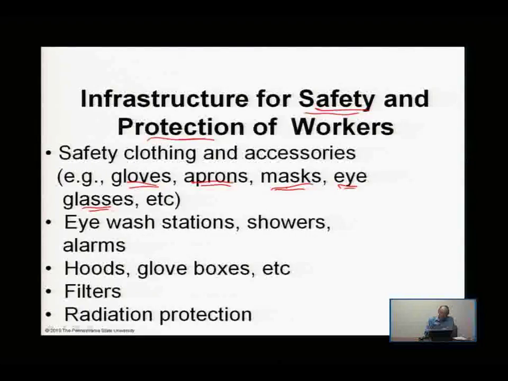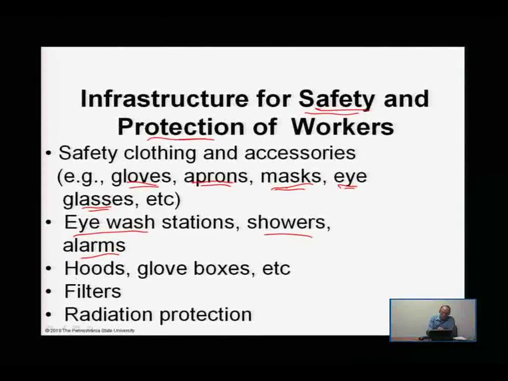Of course, part of the infrastructure in a clean room facility, or even in a facility that just has chemical hoods, is to have eye wash stations, showers, alarms. The infrastructure must make sure the worker is safe and protected. And of course, you must keep the processing away from the worker.